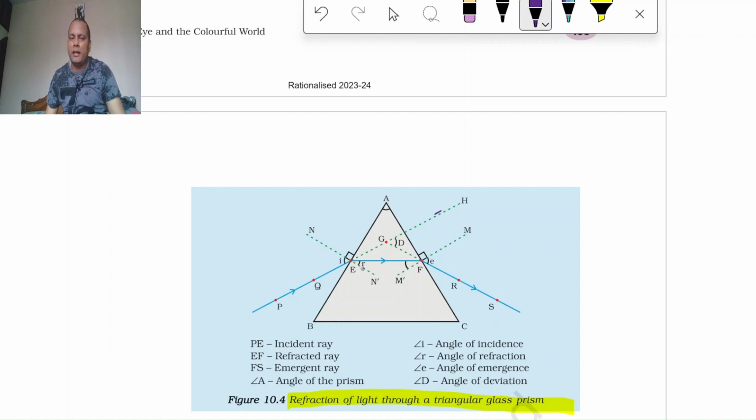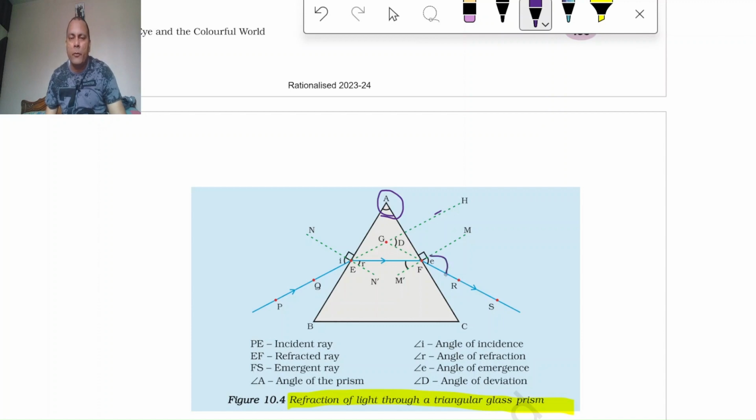PE is the incident ray, I is the angle of incidence, and R is the angle of refraction. Now coming to the next point, this is the angle of the prism. You should also understand the angle of the prism, and the angle of refraction we have also discussed, and the angle of emergence.